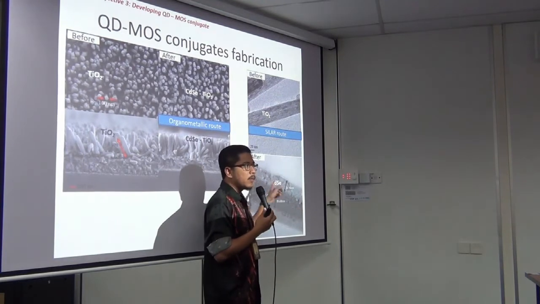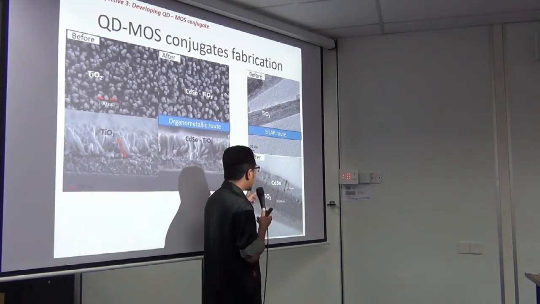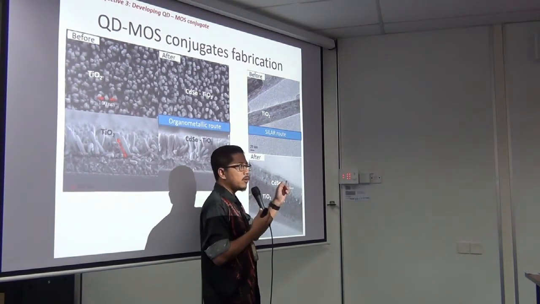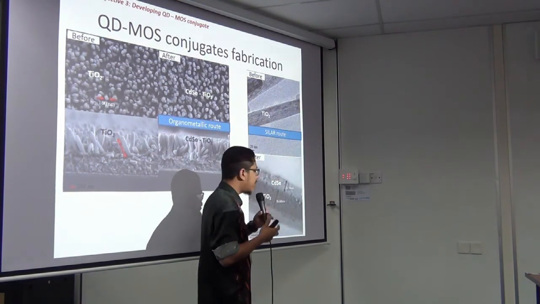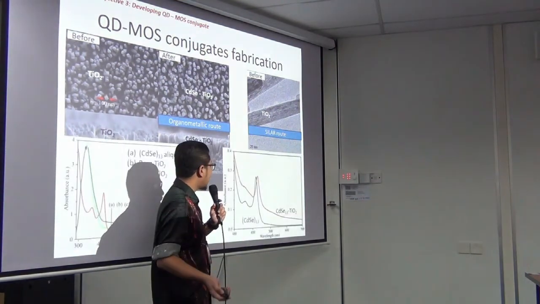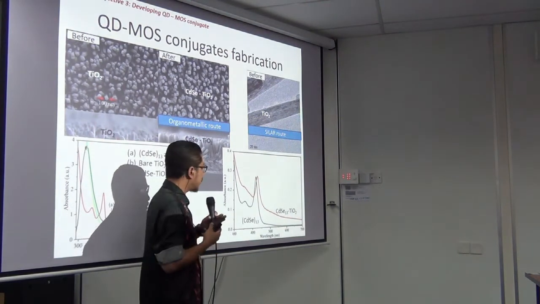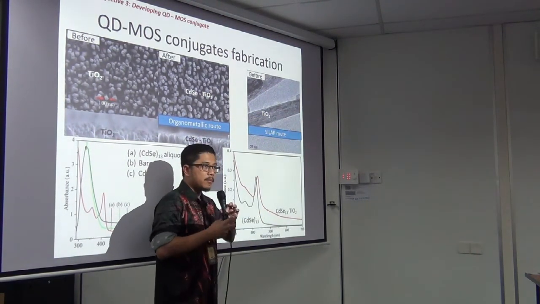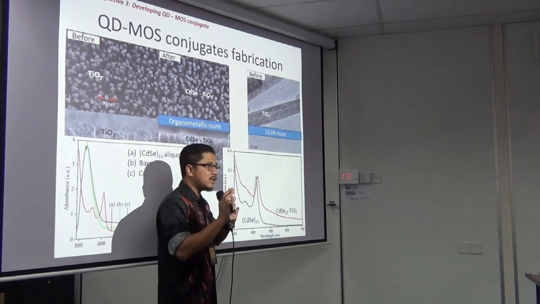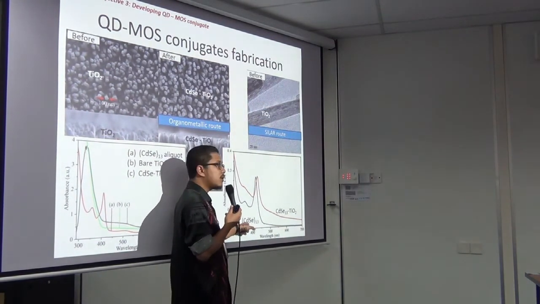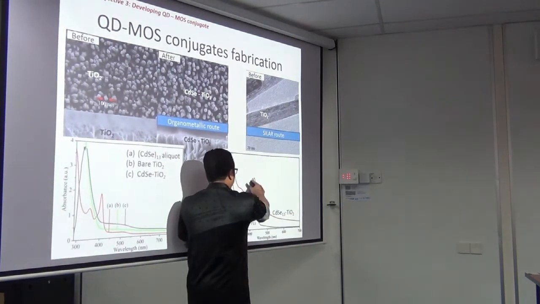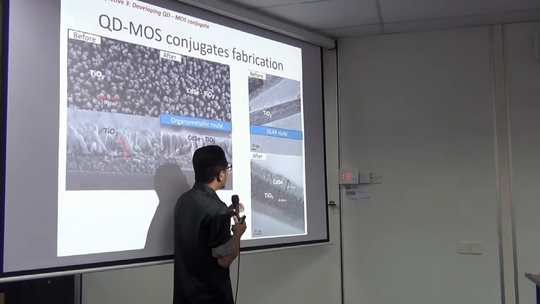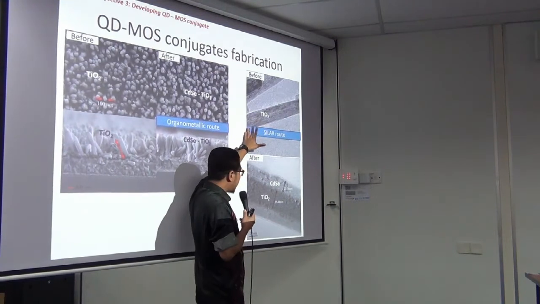How to check? We go through so many procedures. We can go to the XRD, and we could also go to the absorption spectrometer. From the absorption spectrometer, first we need to synthesize CdSe, which is equivalent to CdSe13. It shows this graph. And then we do the SILAR procedure.